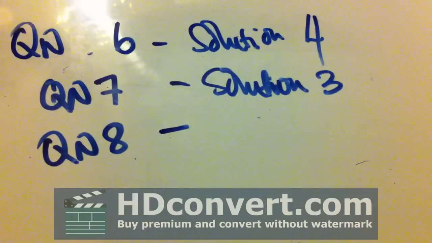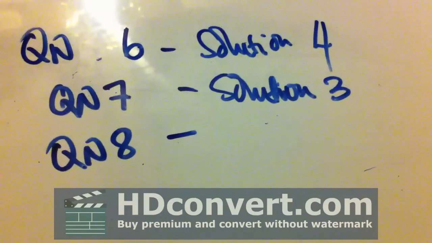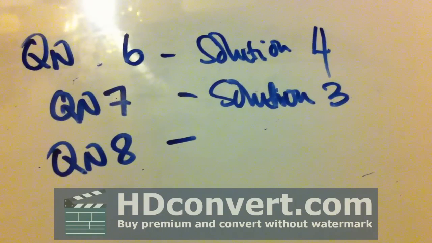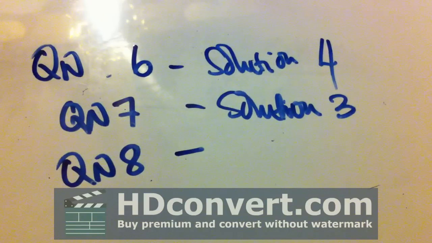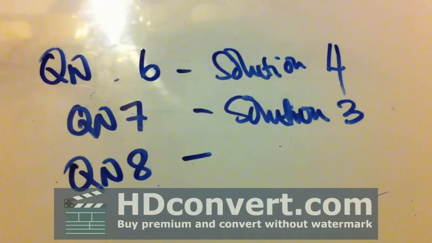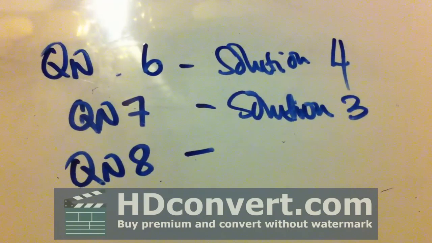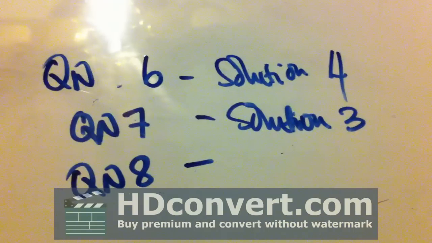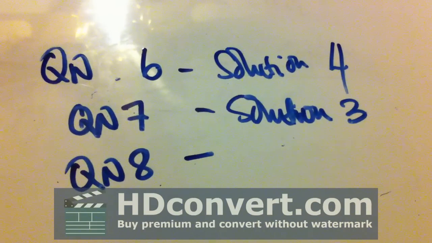Which one of the following entries will be made in the general ledger of the sole trader? Because they withdrew 3,500 rather. So those are drawings. Drawings reduce equity. So they are debited. You debit drawings and then credit bank.